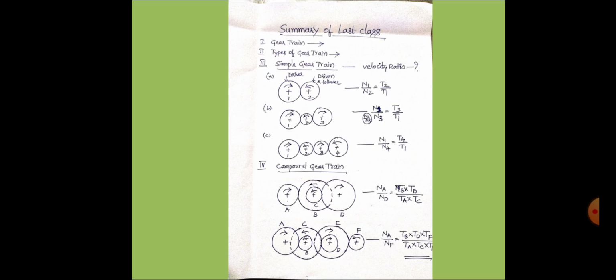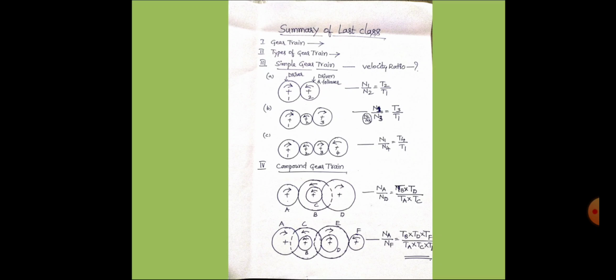Now in case of a compound gear train, if I look at the first figure, how can this first figure be called a compound gear train? Here I named the gears with alphabets. A is gear A, which is said to be a driver. Gear D is said to be a driven or a follower.